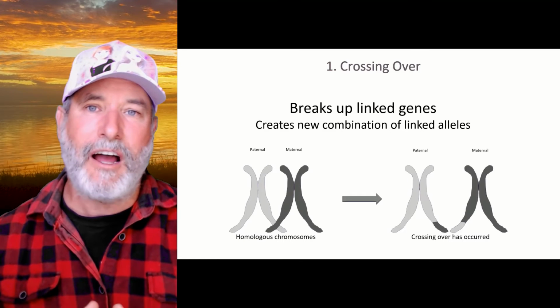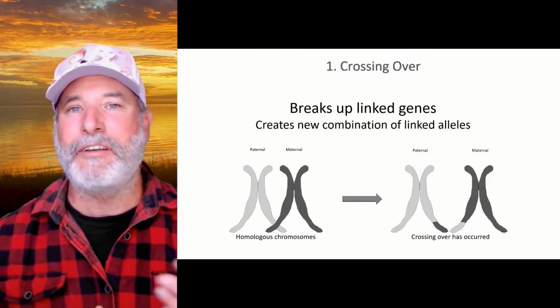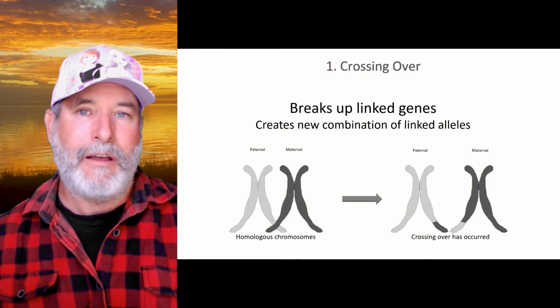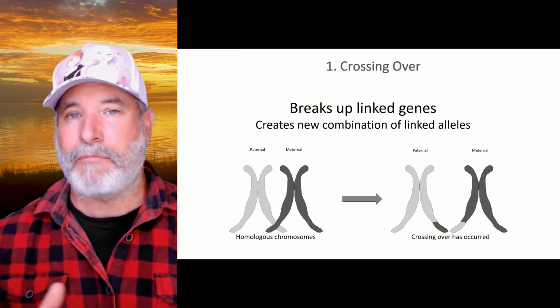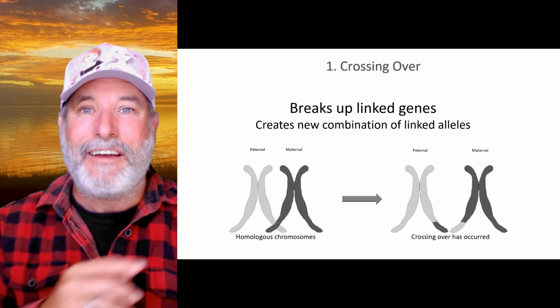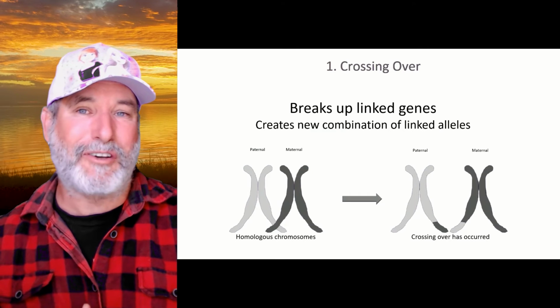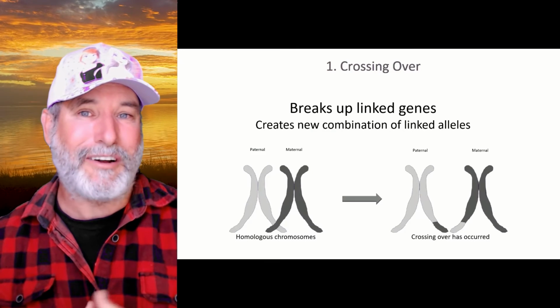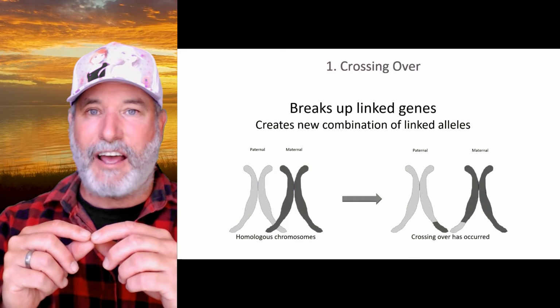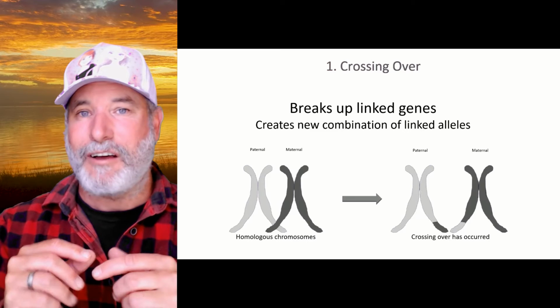Now, what crossing over does, imagine I have an allele for O blood on my mom's chromosome and an allele for B blood on my dad's, and I switch them. I cut them out and I switch them. Now you've got one of your dad's chromosomes with O blood on it. The other one has B. So what we've done, and any gene that's next to that now has a new combination of alleles.